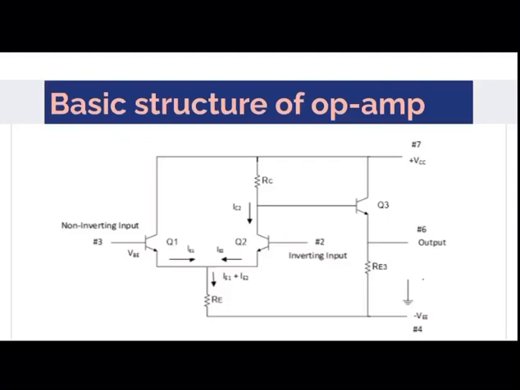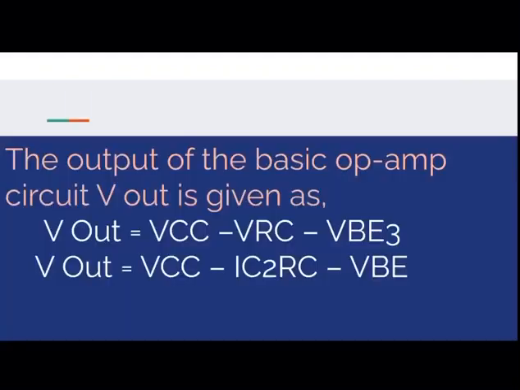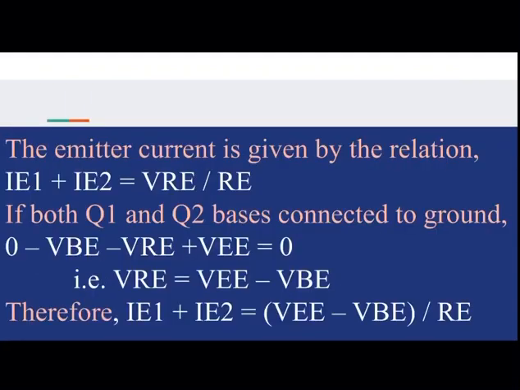So the emitter current in this resistor will be given as IE1 plus IE2 is equal to VRE by RE. And if both Q1 and Q2 bases are connected to the ground, then the equation will be 0 minus VBE minus VRE plus VEE is equal to 0. Further, we have VRE is equal to VEE minus VBE. Therefore, IE1 plus IE2 is equal to VEE minus VBE by RE.